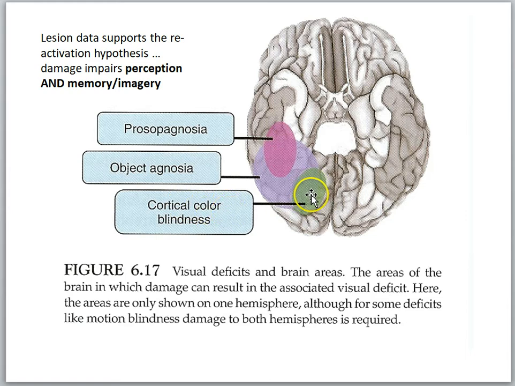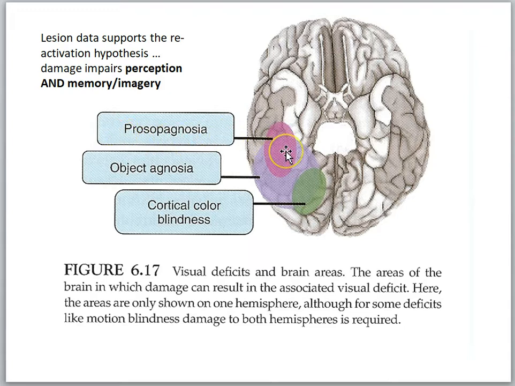They can still see objects and things, but there's no color to the objects. A little farther down in the visual pathway, damage here interferes with the ability to recognize objects. This is the area of the brain that is processing object shape that we use to recognize objects. Damage here interferes with perceiving objects. And then we have the face area here. When that's lesioned, people have difficulty recognizing faces, and that's called prosopagnosia.